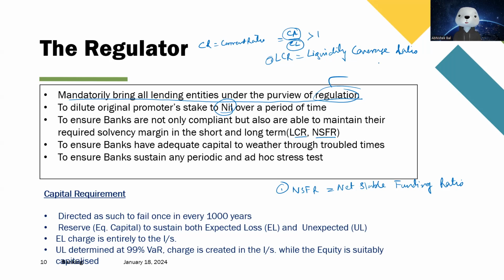Well, the liquidity coverage ratio is something very similar to this, but is being actually counted over a 30-day period. So that is to say that the regulator wants to see that the bank's assets are good enough to sustain the bank's liability over the next 30 odd days.